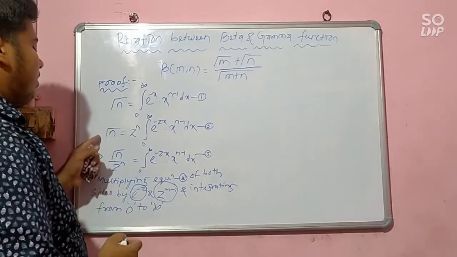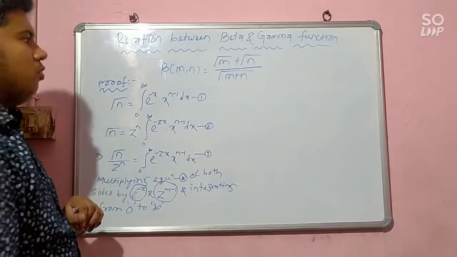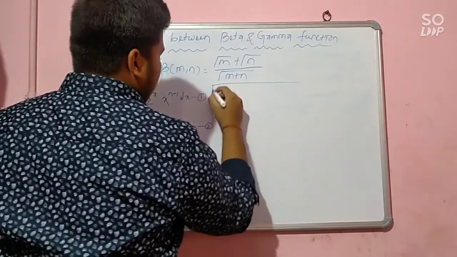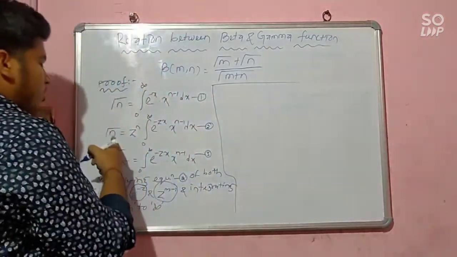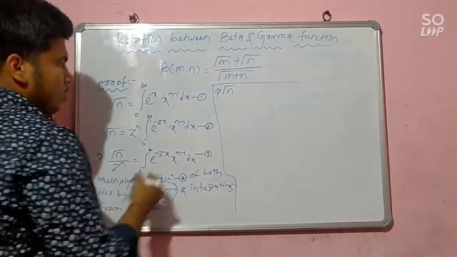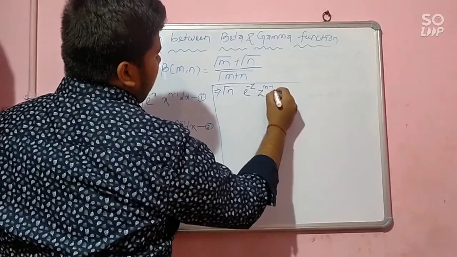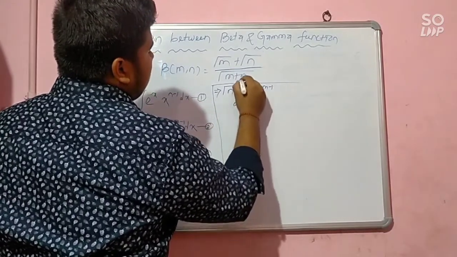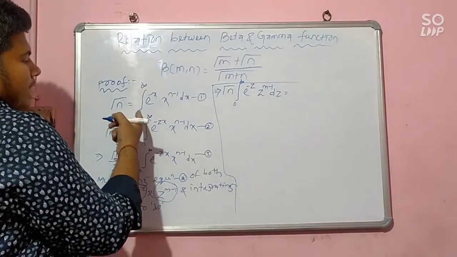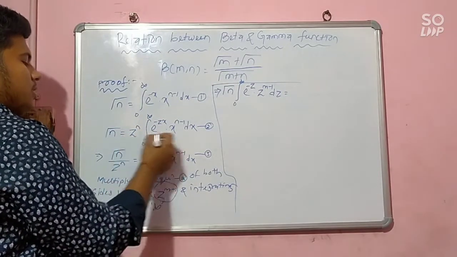Okay, students, so multiply e to the power minus z and z to the power m minus 1 on both sides of equation 2. So see, when we multiply, we get gamma n into e to the power minus z into z to the power m minus 1, integrating from 0 to infinity dz. Again we multiply e to the power minus z and z to the power m minus 1 with this side.